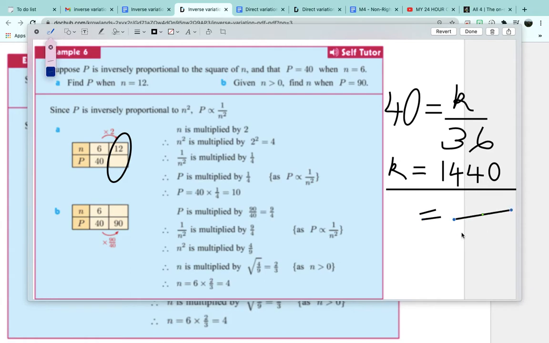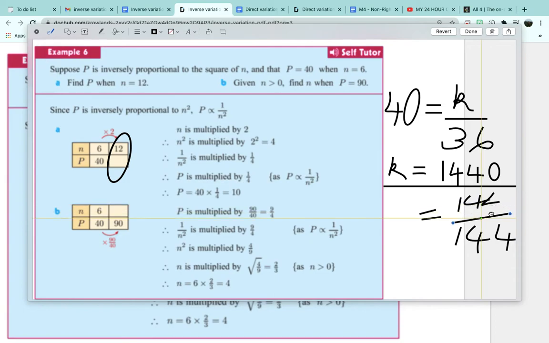That is going to be 12 times 12, because it should be 12 squared, using the n squared, because it's inversely proportional to the square of n, so it's 144. Our k is going to be 1,440. Therefore, the numerator divided by the denominator is going to give us what P is. P is simply going to be 10.